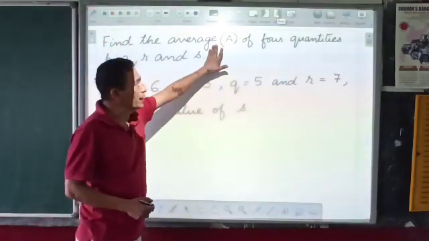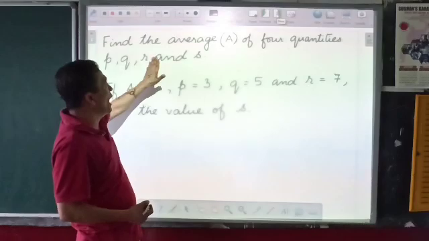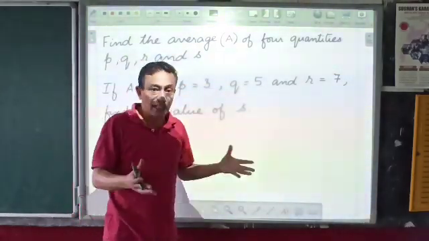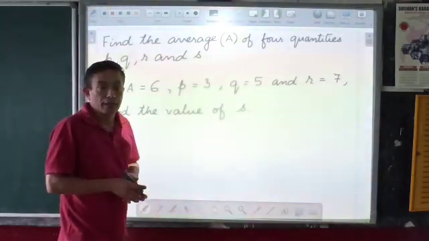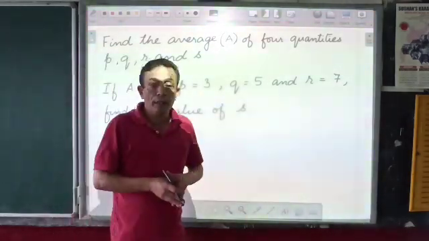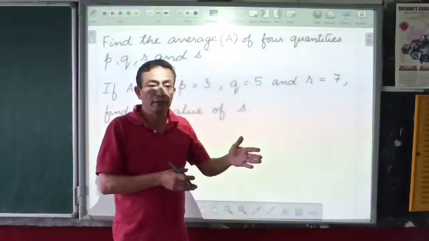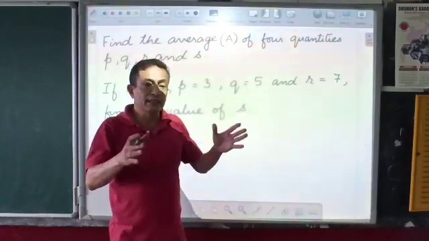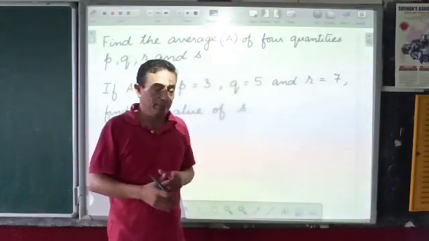Find the average of 4 quantities P, Q, R and S. Now first thing is to find the expression. So what is an average? Let's say in an examination you get 100, 80, 20 in 3 subjects, and let's say in the 4th subject you get 100 again.